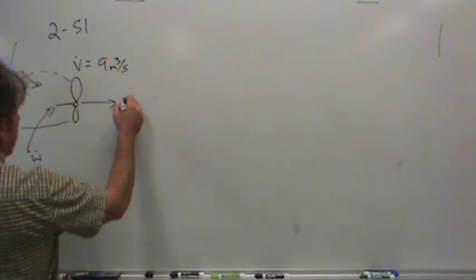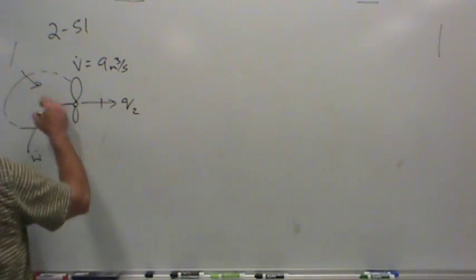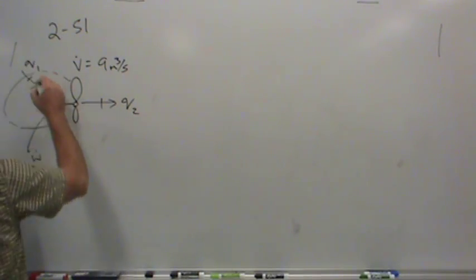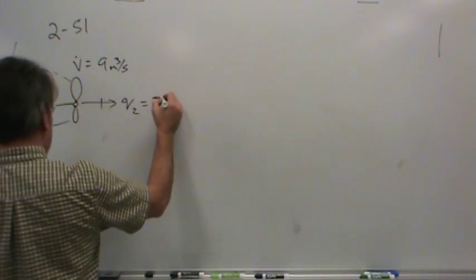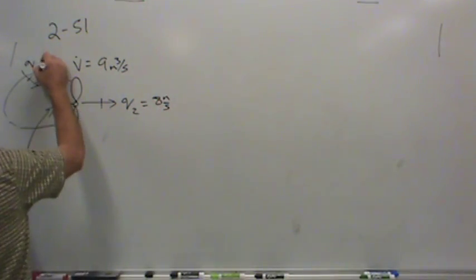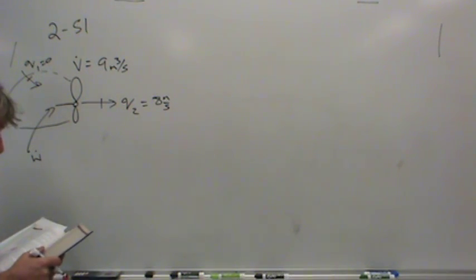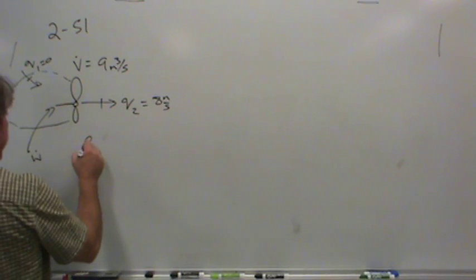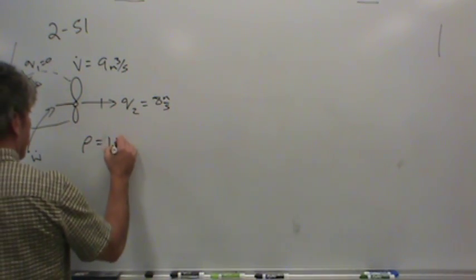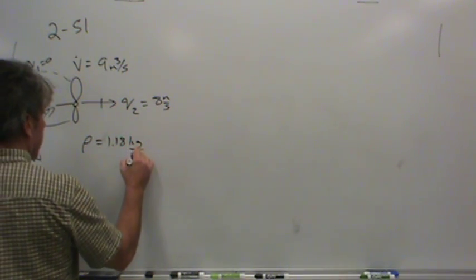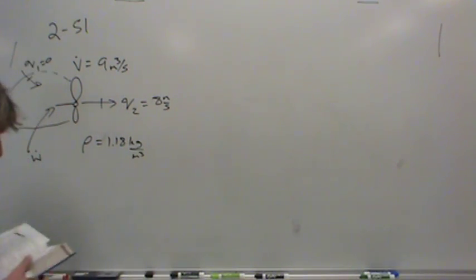And the final velocity is 8 meters per second. The initial velocity is 0. The density of the air is constant at 1.18 kilograms per cubic meter. So we've got all that written down. Now let's calculate this and see what we get.